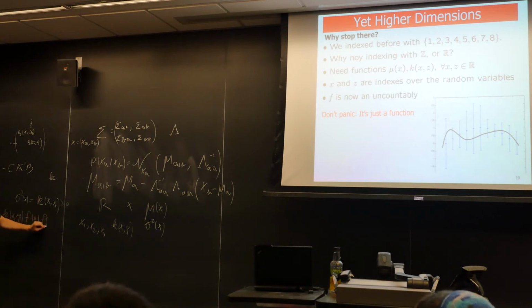This has to be non-negative, right? Okay, so it turns out that these two definitions are equivalent. K is symmetric, and for any function f, this integral is non-negative. It's the same as what we just said, that for any fixed finite number of indexes, this gram matrix has to be positive semi-definite.